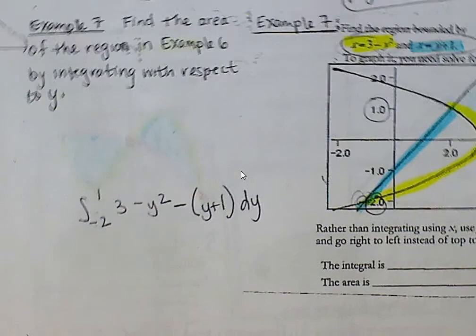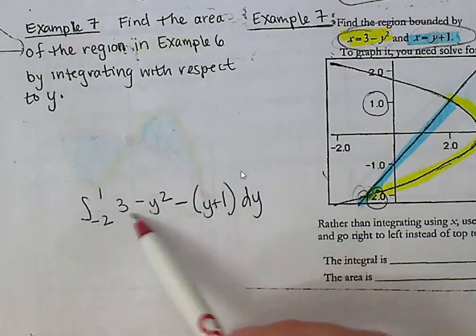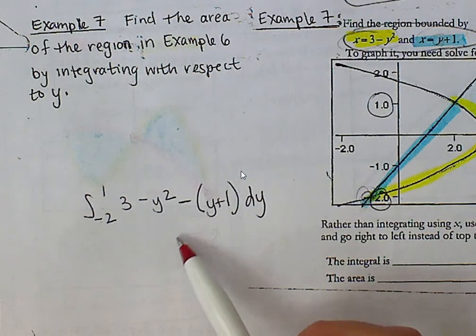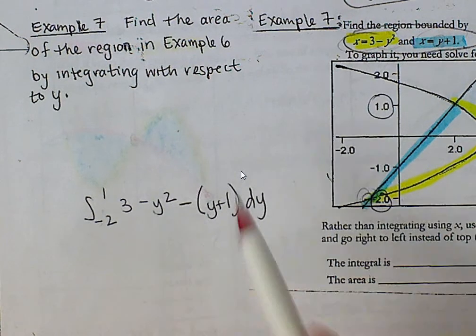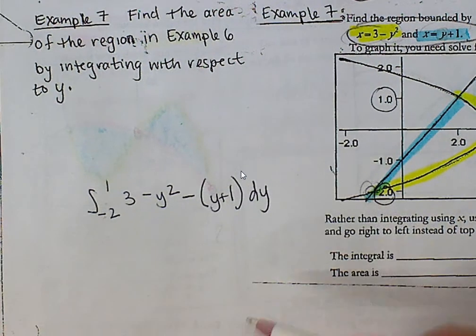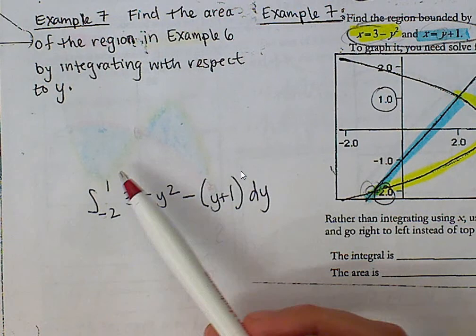And your calculator allows you to type this in with y's. So you can do that. I think on the TI-84, you would actually type it in with x's, and it will give you the same correct answer, because everything is in terms of y.